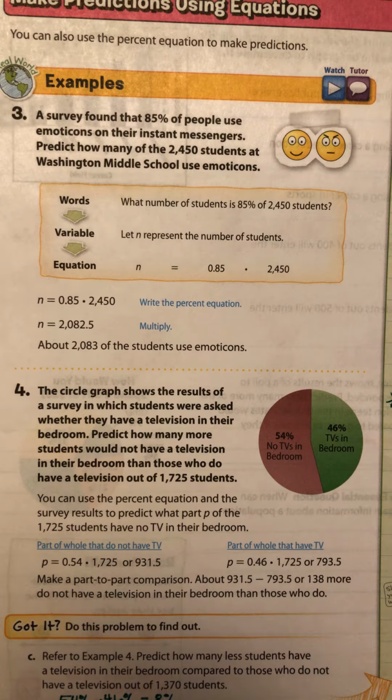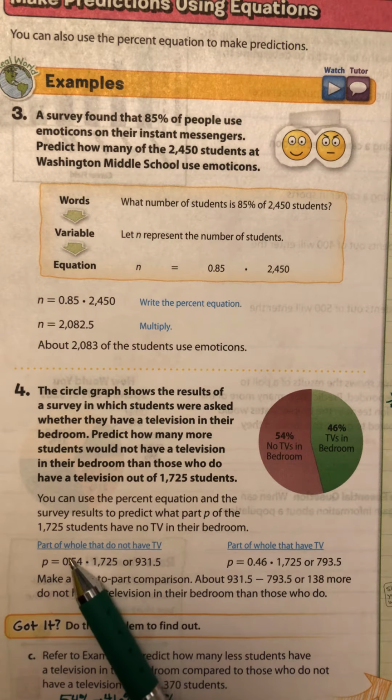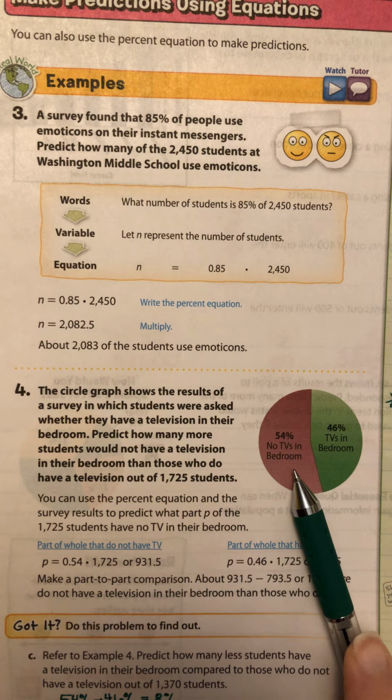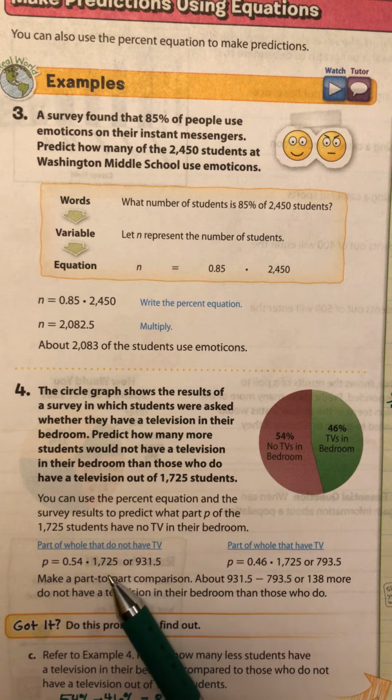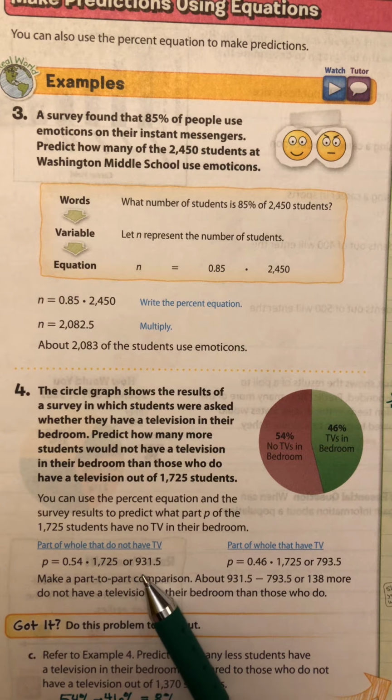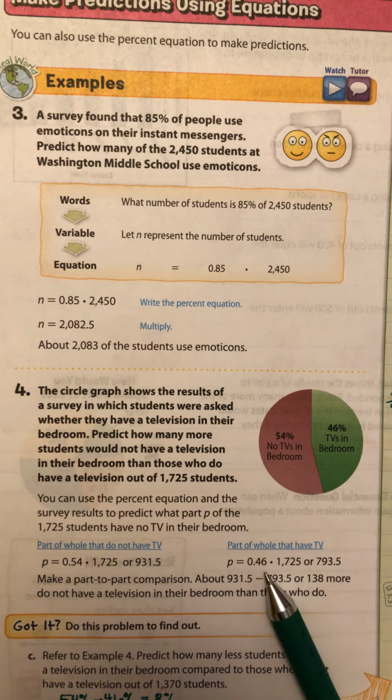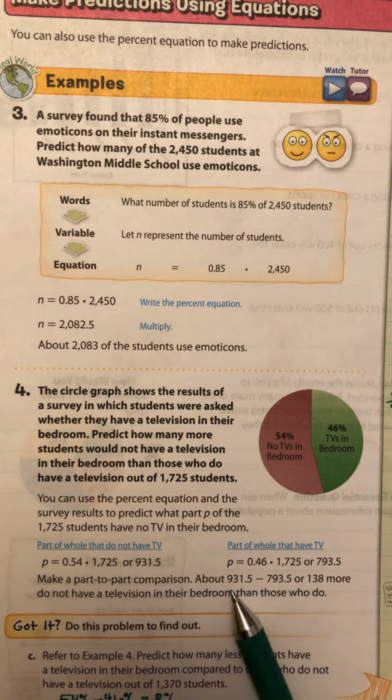So in this example, they have multiplied first. So they took 0.54, which is no TVs in bedroom, multiplied it by the whole, and they got 931.5. They took the 46%, which students have TVs in their bedroom, multiplied and got that, and then they subtracted the 2.